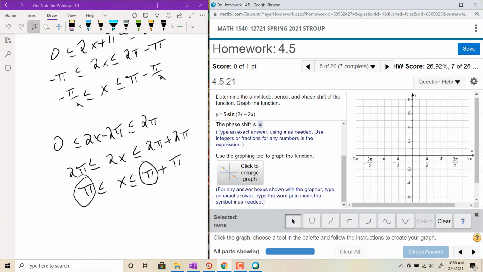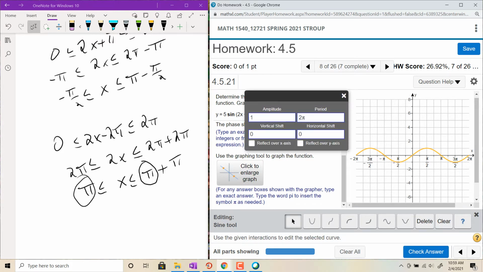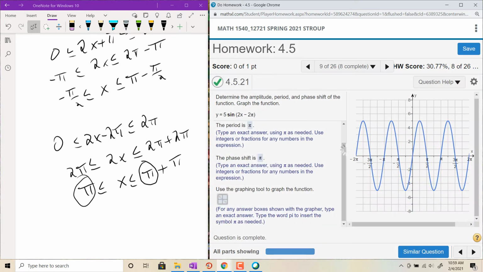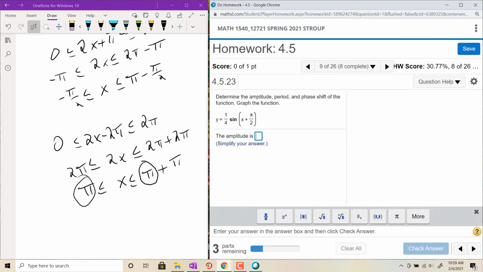And then go over, I guess we can graph the thing right here. Period, amplitude, got to change that, it's 5. Period is just regular pi, and the phase shift is also pi. Okay, so check answer. Amplitude is 1/4.